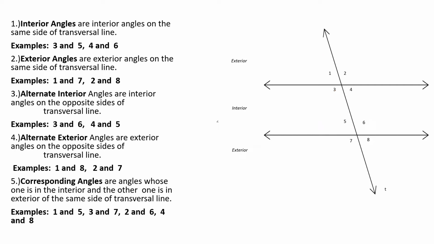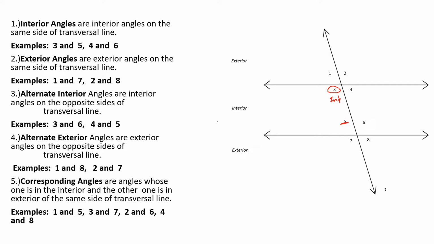Okay, how about the other corresponding angles that you may see? The next pair of corresponding angles are angle 3 and angle 7. Angle 3 is our interior angle, and there is a gap of one angle here.